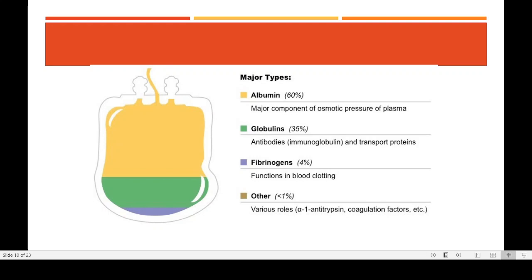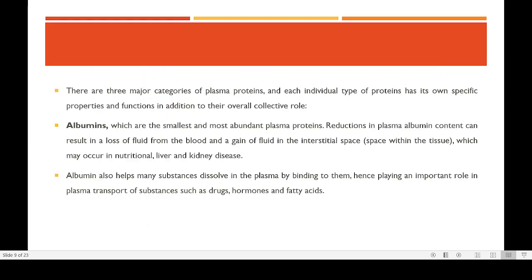Then in addition, there are many smaller types of other plasma proteins like alpha antitrypsin and also coagulation factors. These are the clotting factors. You have studied that in +2 classes in zoology, blood clotting factors. They are also plasma proteins, but their percentage is less than 1%. So these are the various types of proteins that we can find in the blood.